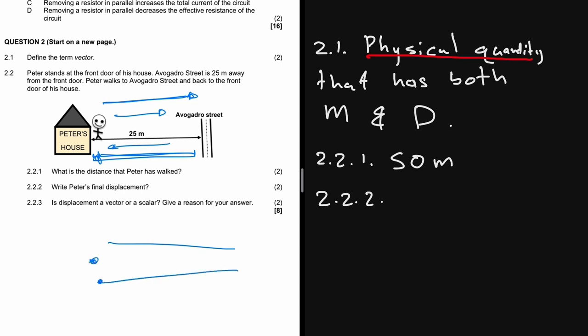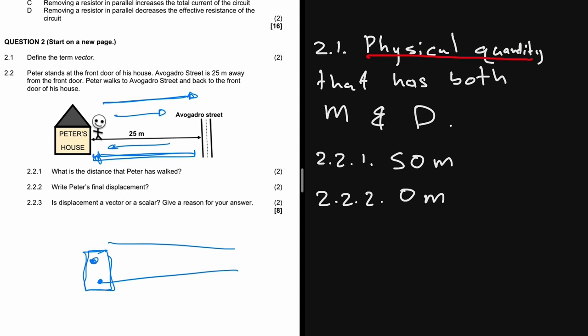So there is no change in position. He's still in the same position. So the final displacement is just going to be 0 meters.